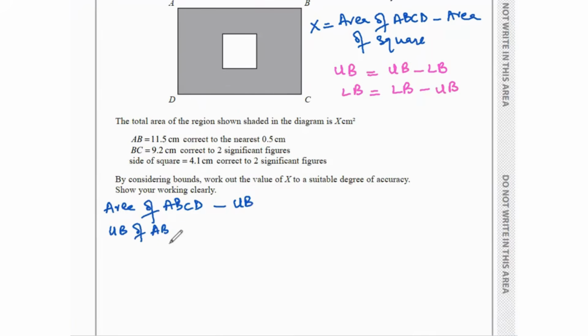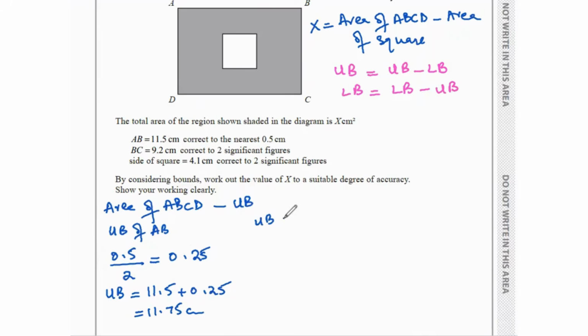Whatever it's nearest to, you divide that by 2. So 0.5 divided by 2 is 0.25. So upper bound would be 11.5 plus 0.25, which is 11.75 centimeters.